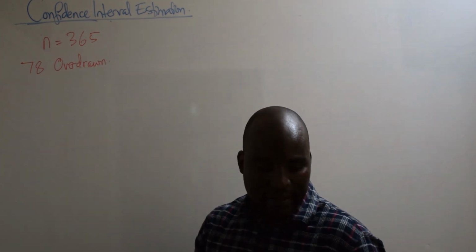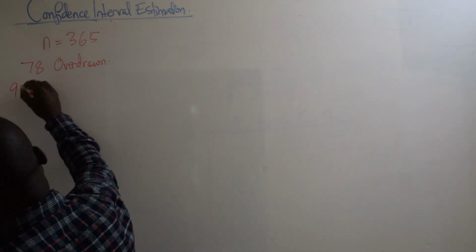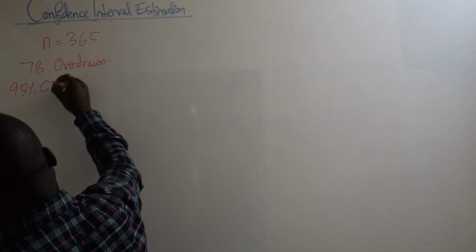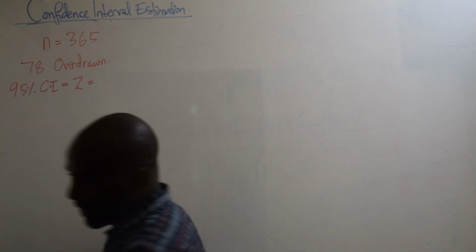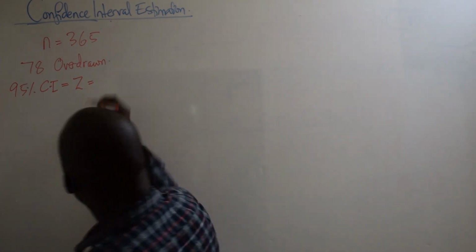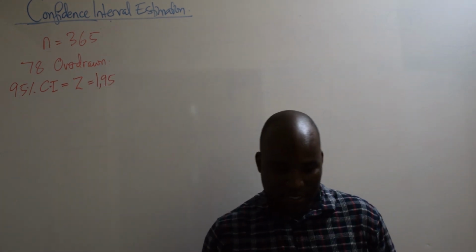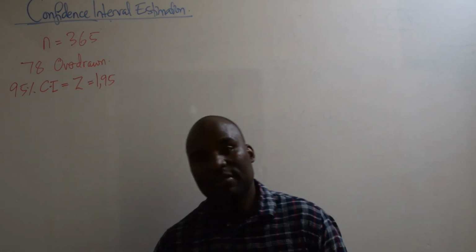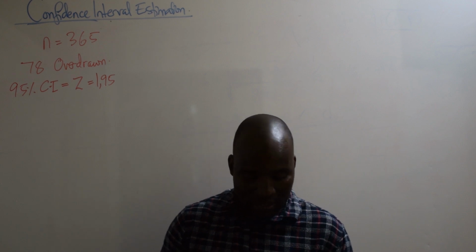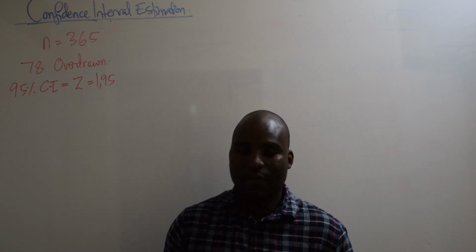And then we are using a 95% confidence interval, and this is going to equate to a Z value of 1.95. What else are we given? That's all. That is enough as well. So what we need to be able to do is to know, okay, what question we're doing.